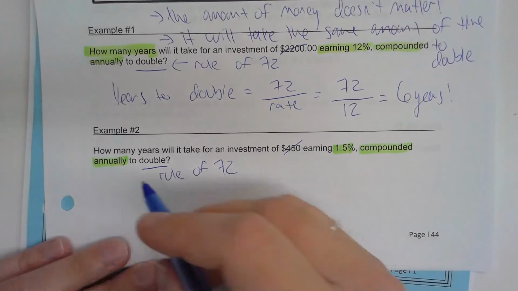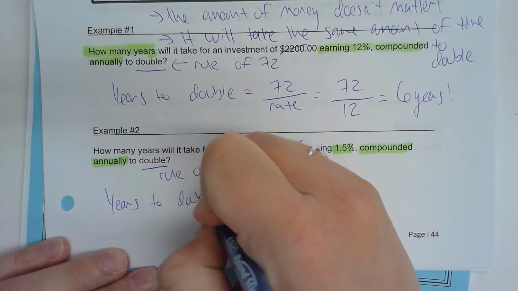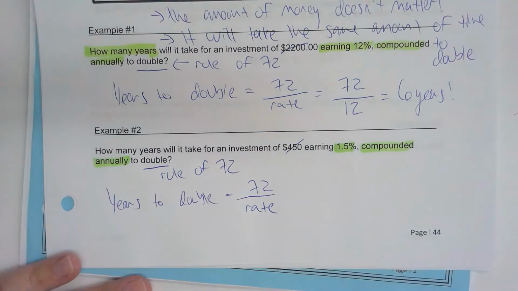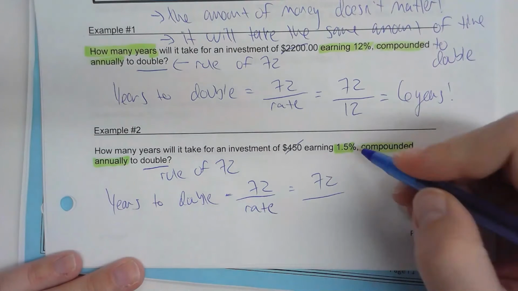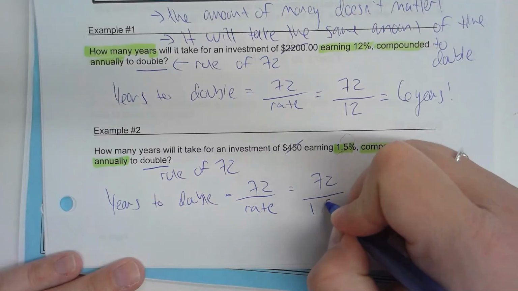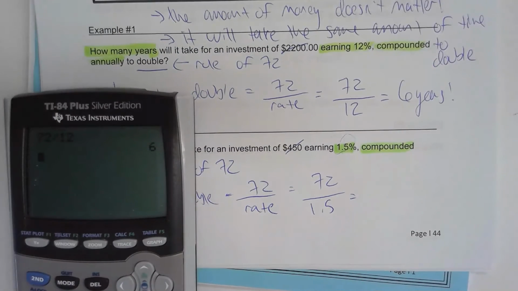Okay, so again, we're looking for a number of years to double. So I'm going to use my formula. 72 divided by the rate. Okay, 72 divided by, and we leave it as a percent. So we leave it as 1.5%. Need my calculator.